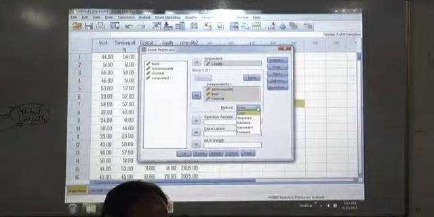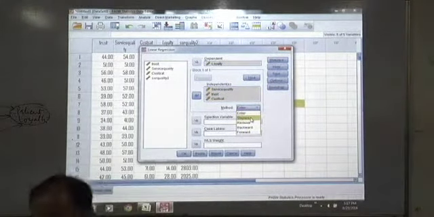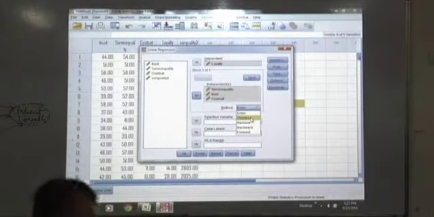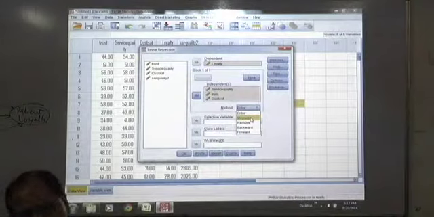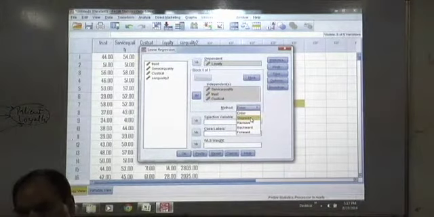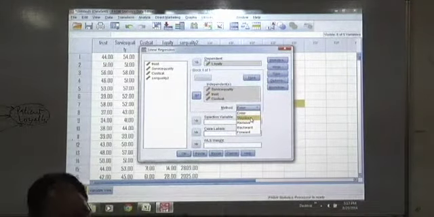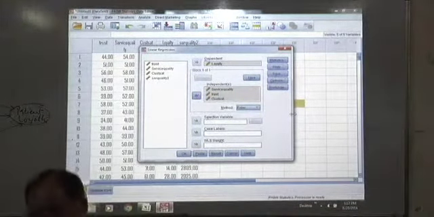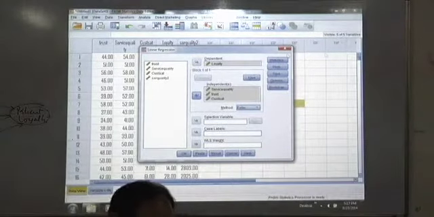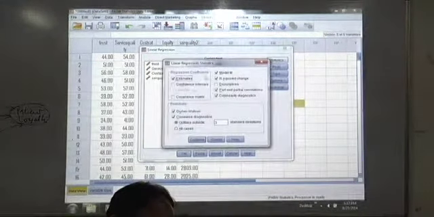Now you can have stepwise, remove, backward or forward, so that you can see when the independents are moving in. Right now I will put enter. We will come back to this and try the other options.